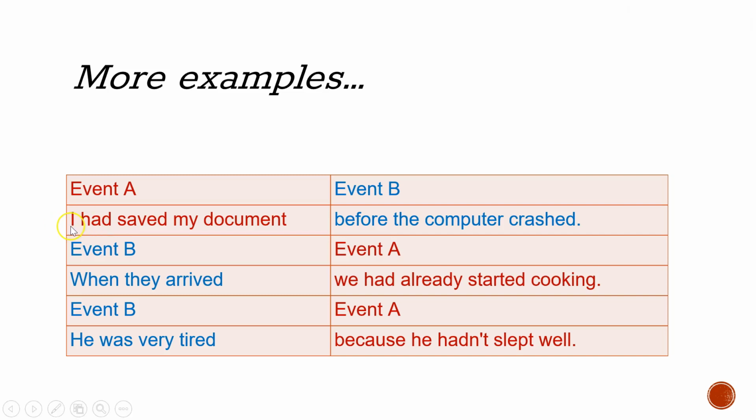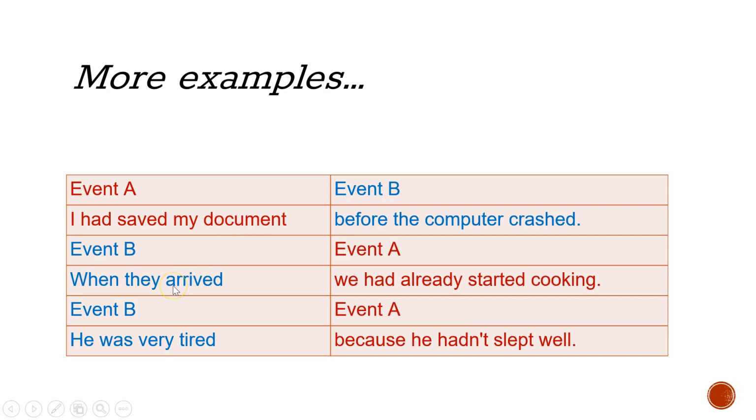Here, it's quite clear that he was lucky enough to have saved his document first before his computer crashed. Although saving his document was mentioned first in the sentence, it was the event that happened in the further past.